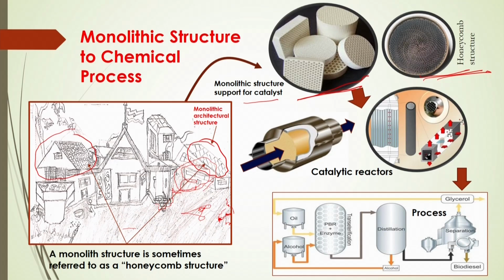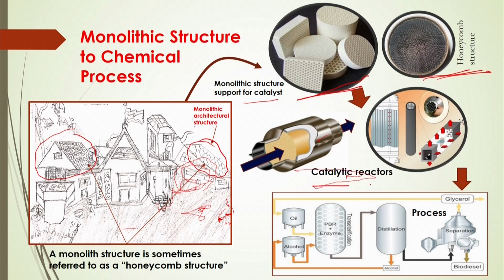I will show what different structures of catalyst particles are used for chemical engineering processes. Based on this special monolithic structure, chemical engineering process reactors are being developed or designed to get the intensification of those particular processes.